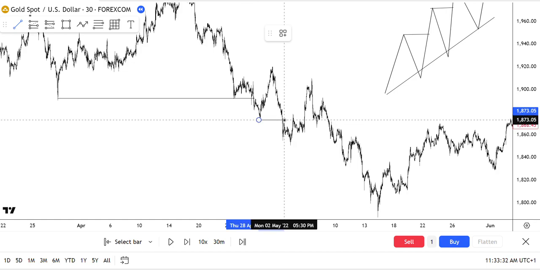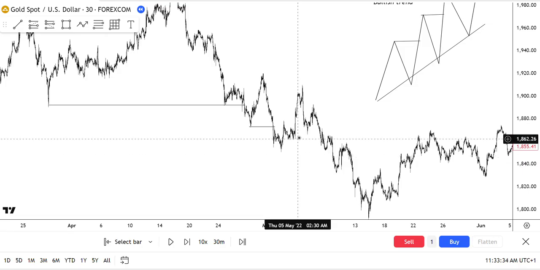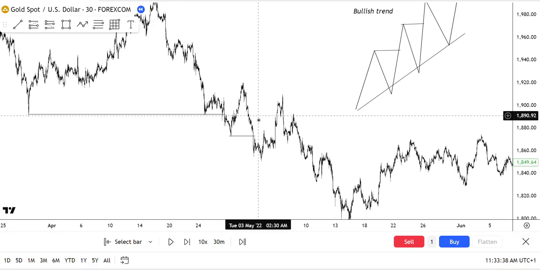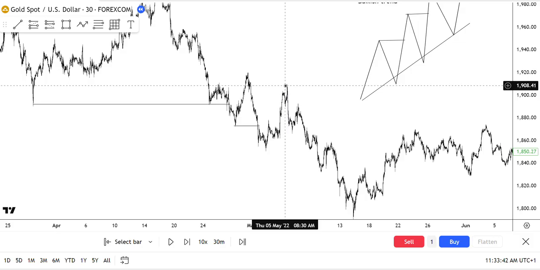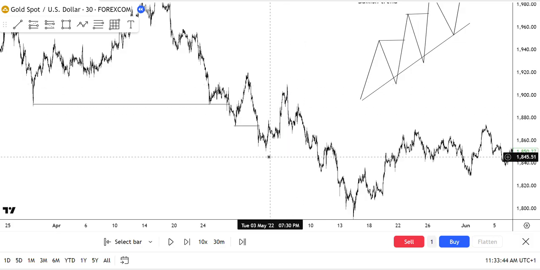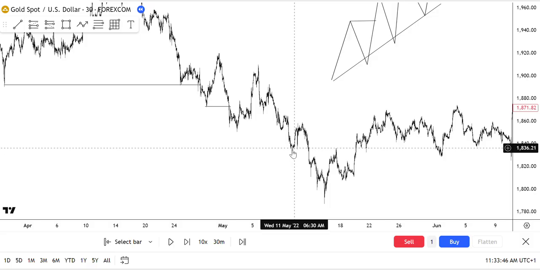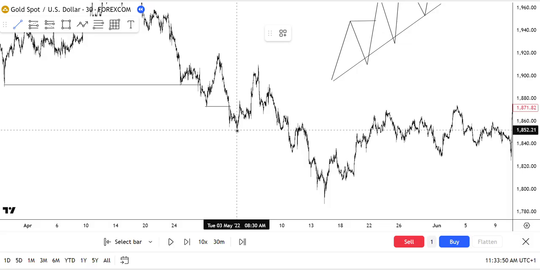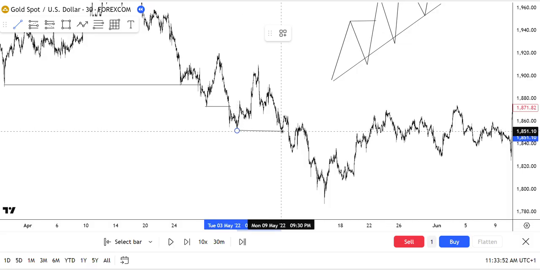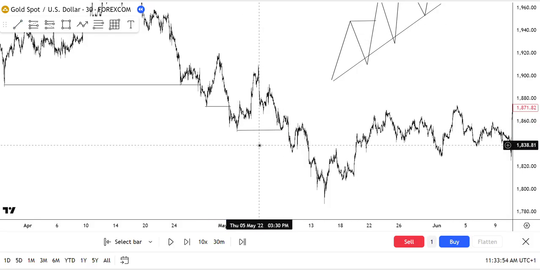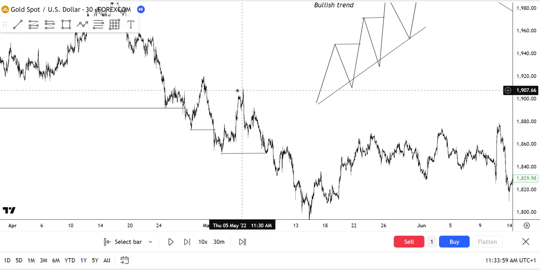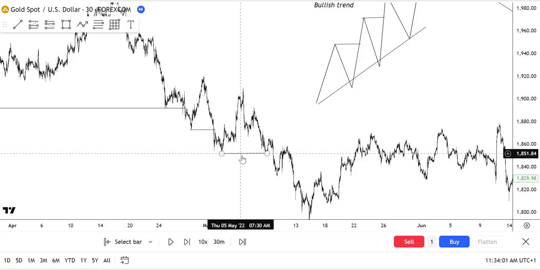So this is the low that is taken again, and this is the high that we have here. From here, we have another high, and we have a lower low. So this is the low that was taken, and this is the high that caused the low to be taken.